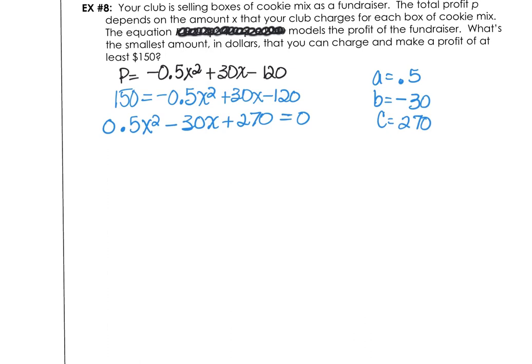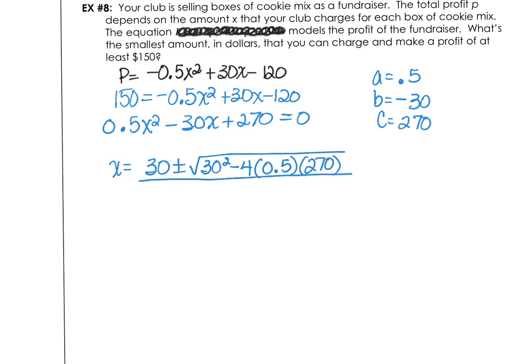Using the quadratic formula, X is the opposite of B plus or minus the square root of B squared minus 4 times A times C. That entire amount divided by 2 times A. And A was 1/2. Whoop, messing that up.